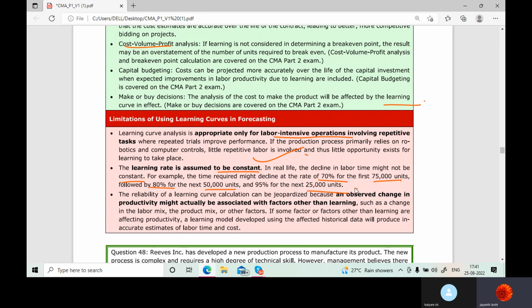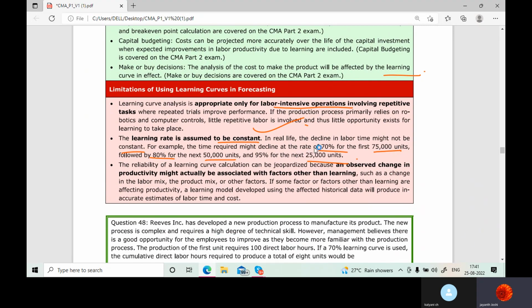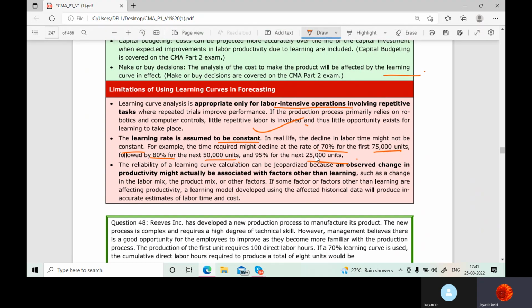They are saying the time required might decline, but can you expect only these scenarios? No. Maybe at 93% also things can reduce. So it is reducing.